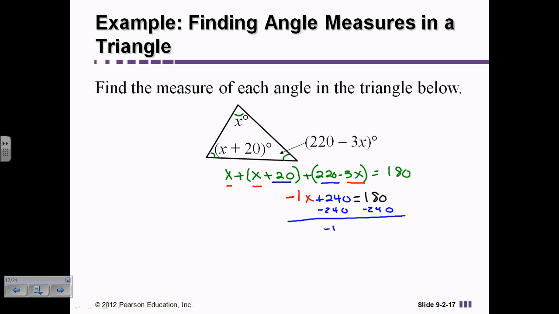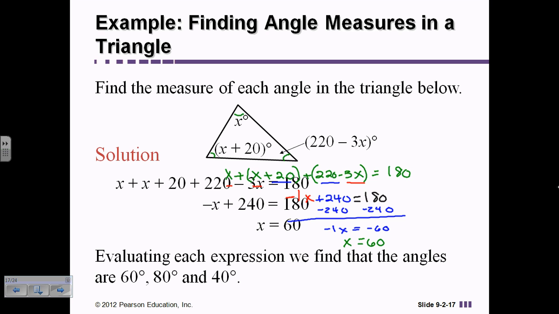And I get negative 1x equals negative 60. So getting rid of the negative sign, x has to equal 60. So then again, substitute that back in to the missing angles, and I would have 60 for this angle, I would have 80 for this angle, and that means that this angle has to be 40.